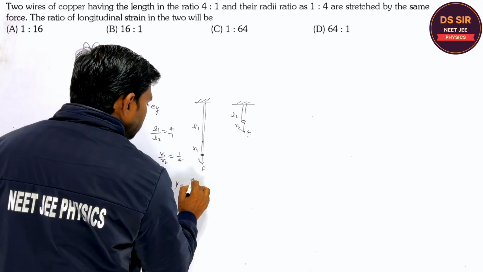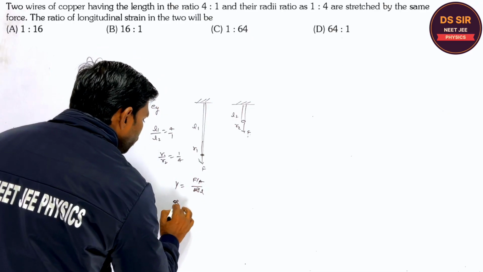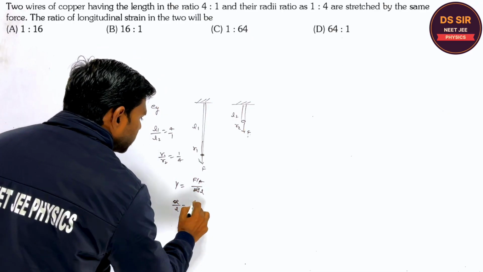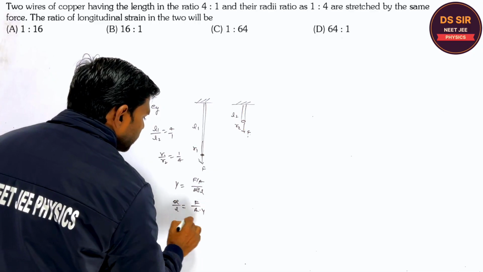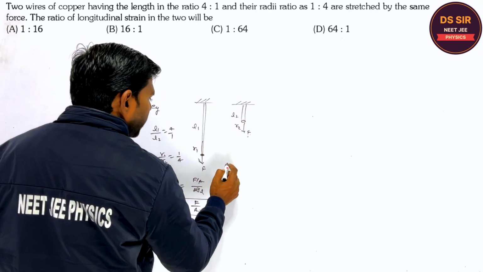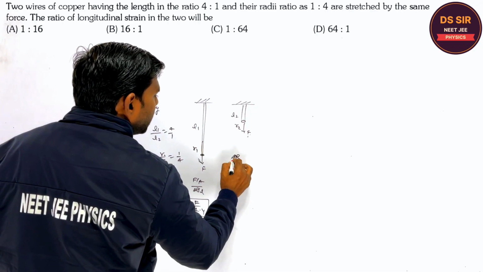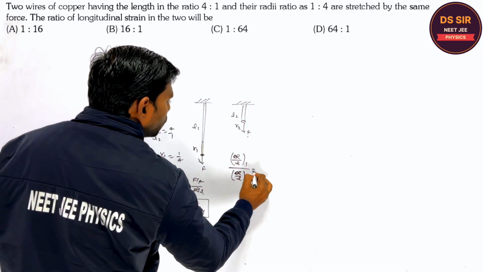Longitudinal strain you have to find. So the Young modulus is what? Stress upon strain. So the longitudinal strain delta L upon L is nothing but F upon A into Y. So this is the formula for the longitudinal strain. So what we have to find? We have to find delta L upon L in the 1, delta L upon L in the 2.